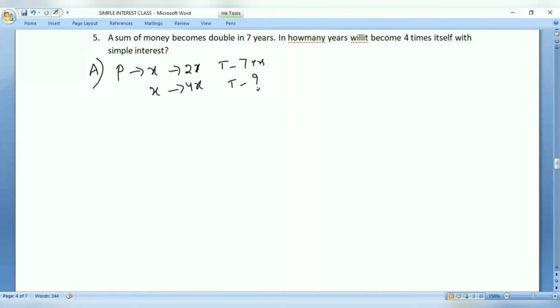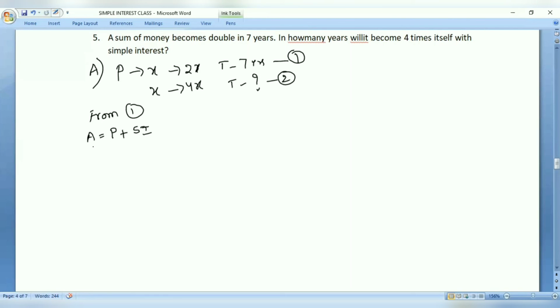Okay. Now, let us consider this as equation 1 and this as equation number 2. From equation number 1, we can say that amount equals principal plus simple interest.